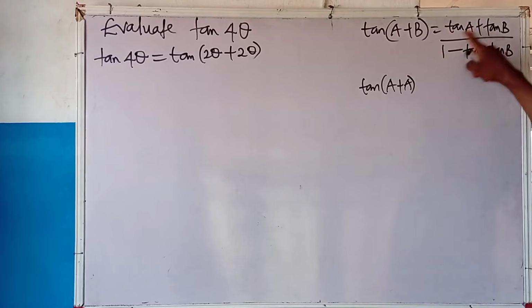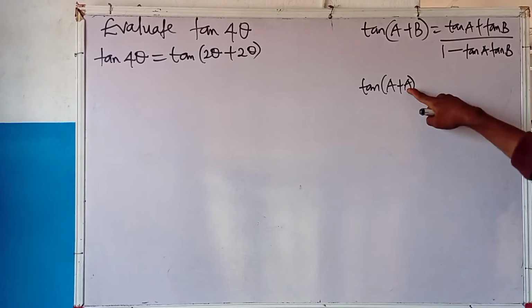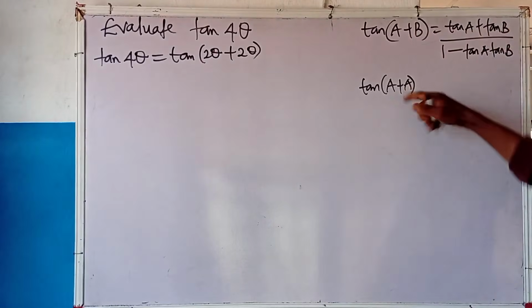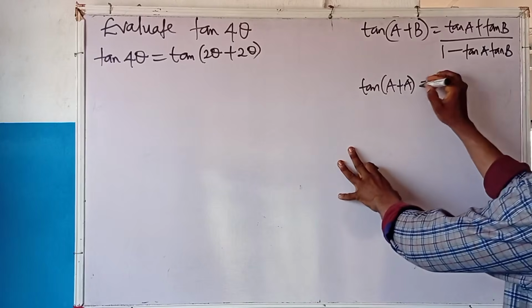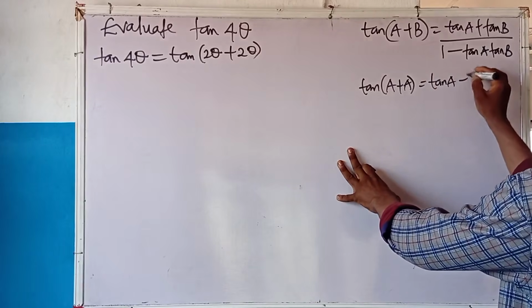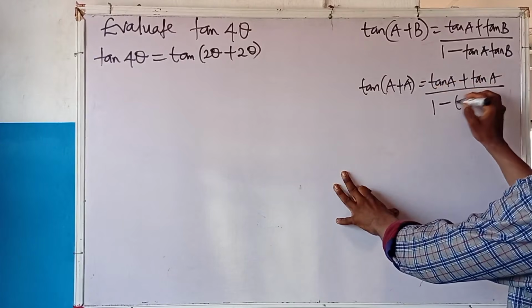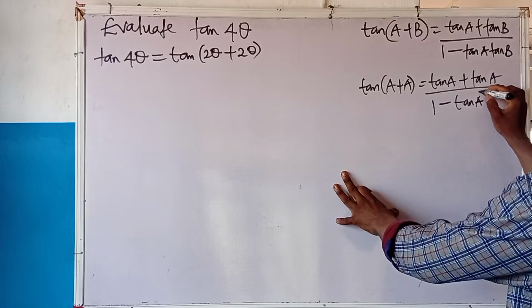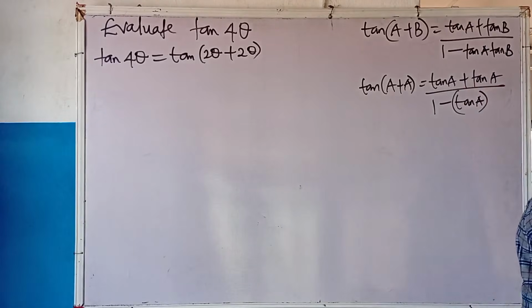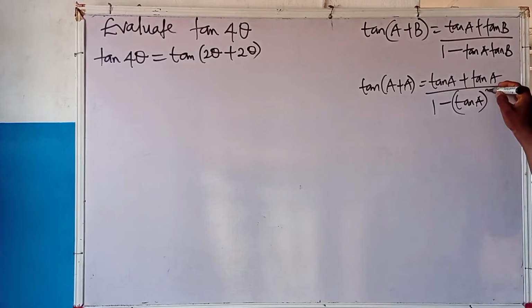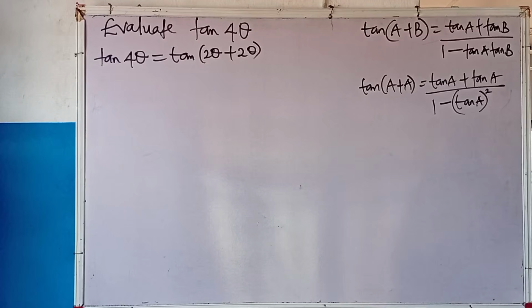Here A is A, B is now A, so I'm going to replace all B's with A. The formula will be the tangent of A plus the tangent of A, all over 1 minus the tangent of A times the tangent of A, which will be the tangent of A all squared. You agree with me? Alright.